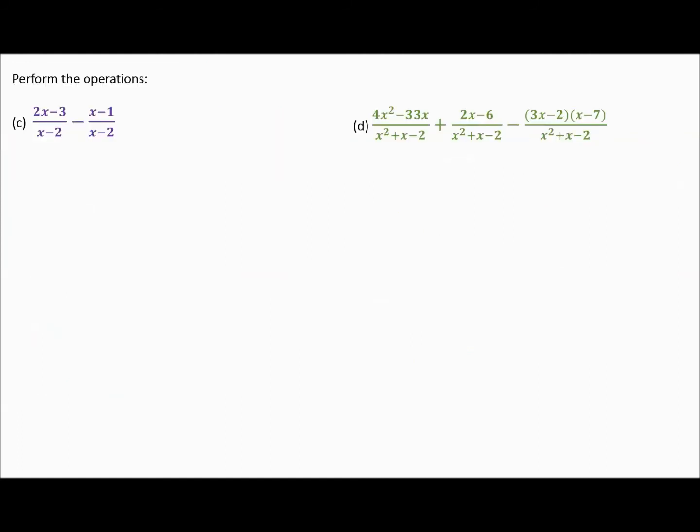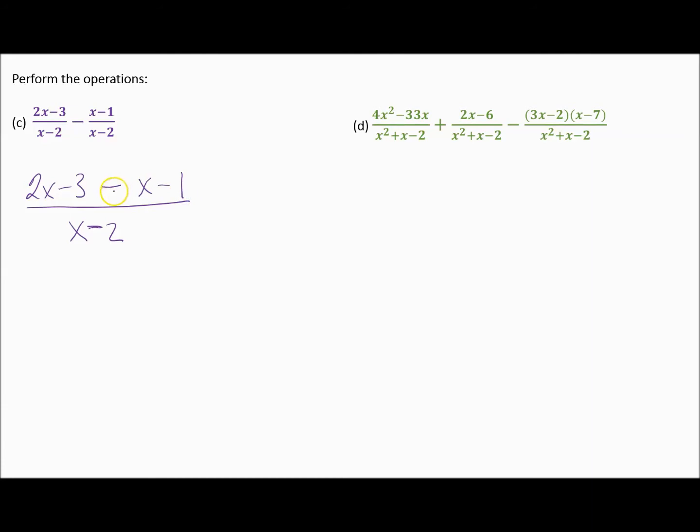For example C, again I'm subtracting, so notice the big minus in the middle. I have a common denominator. They both have an x minus 2. So I write my one single fraction bar with my common denominator underneath, x minus 2. In the numerator, I have 2x minus 3 minus x minus 1, except what I wrote is an error.